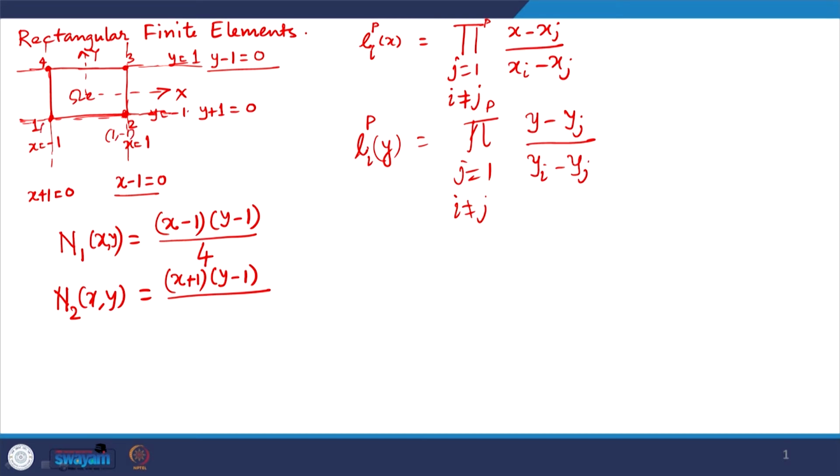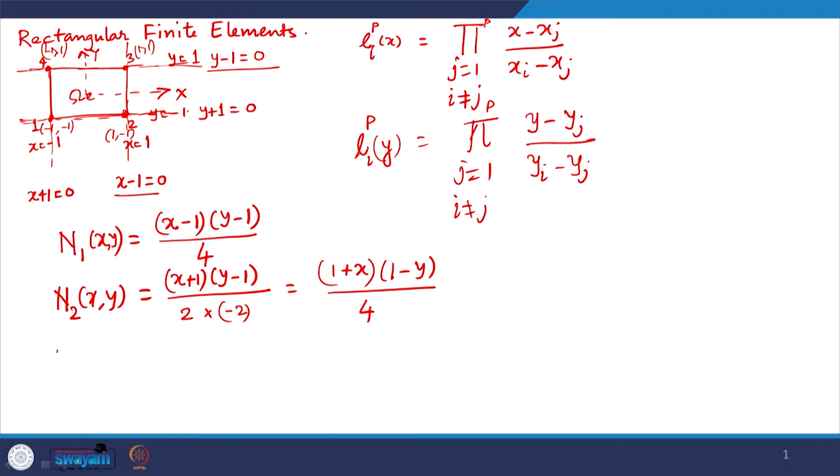So, node 1 coordinates are minus 1, minus 1, node 2 coordinates are 1, minus 1, node 3 coordinates are 1, 1, node 4 coordinates are minus 1, 1, right. So, when I evaluate it at node 2, x value is equal to plus 1, y value is equal to minus 1. So, 2 multiplied by minus 2. So, this is equal to 1 plus x, 1 minus y divided by 4.